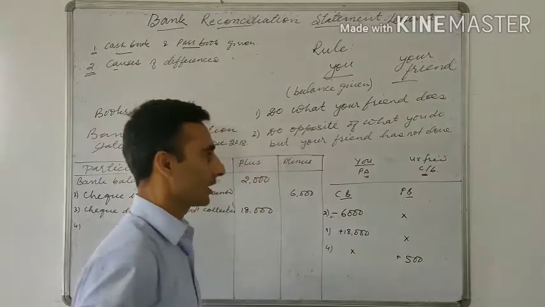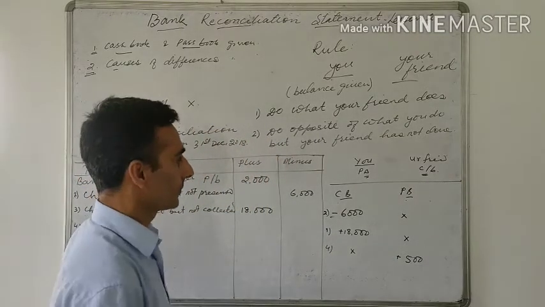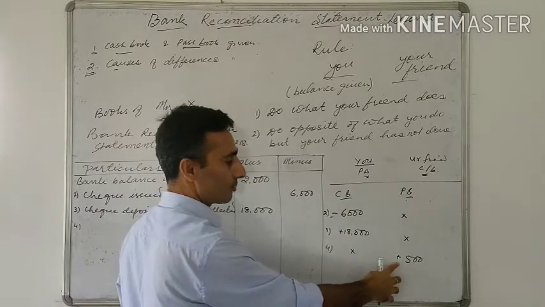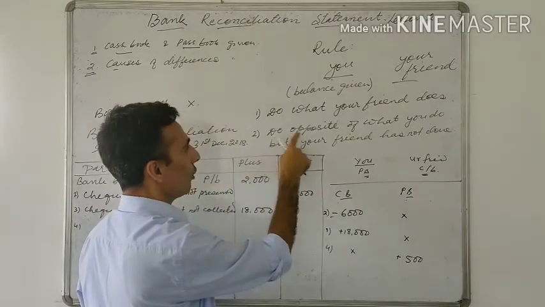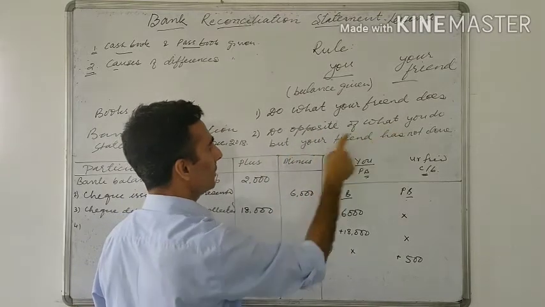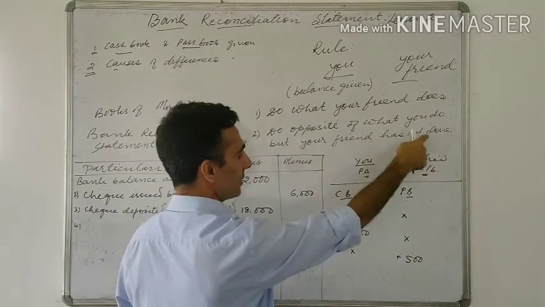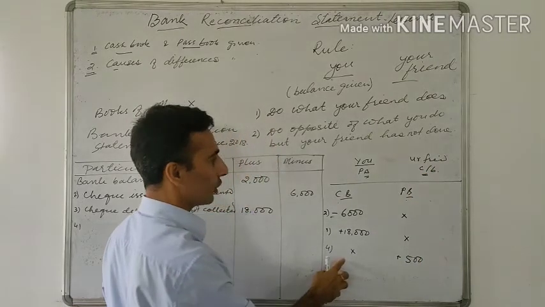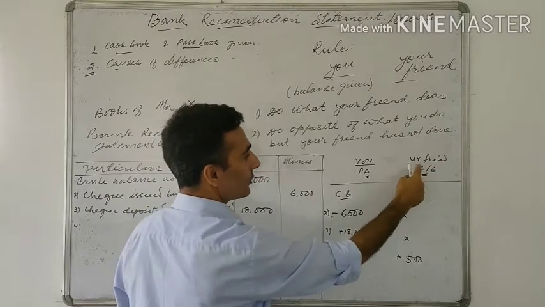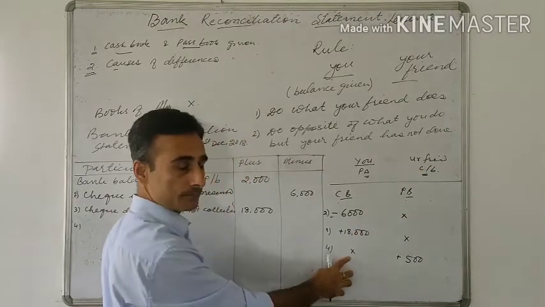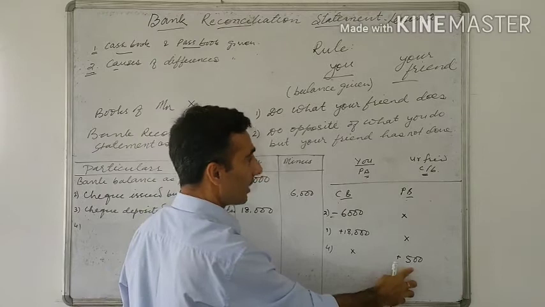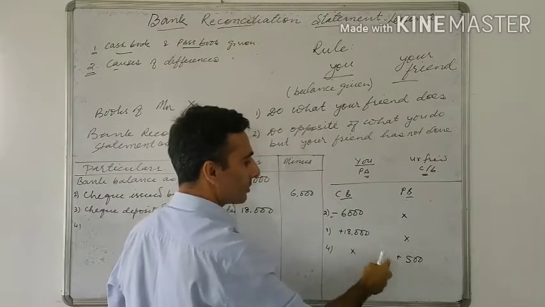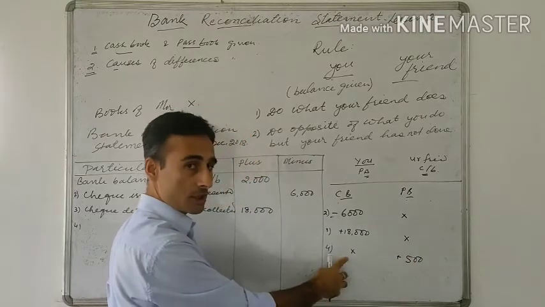It is not recorded in the cash book. Now, you have done plus 500, but your friend has not done anything. So do the opposite of what you have done. Your friend is the cash book, and here yours is the passbook.